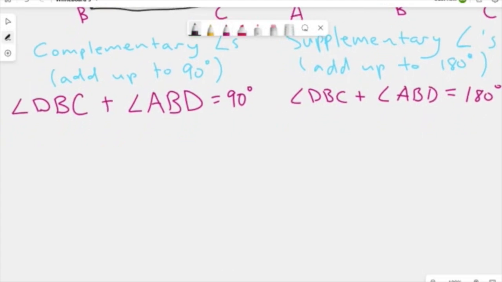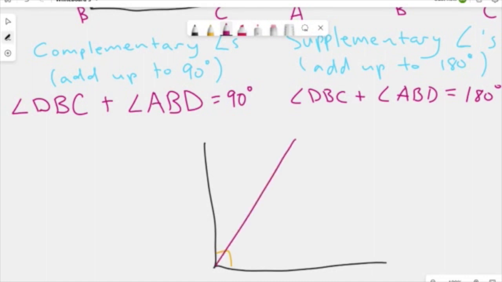Say I have a right angle here, and we know that because I've told you. And let's say, I don't have to write 90 because this little right angle sign tells you that that's 90 degrees. And I'm going to draw a line from here to here. Okay.